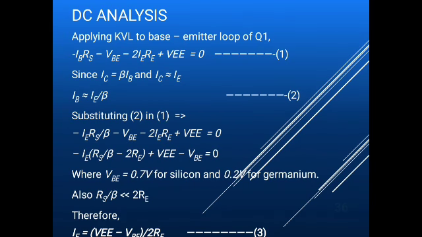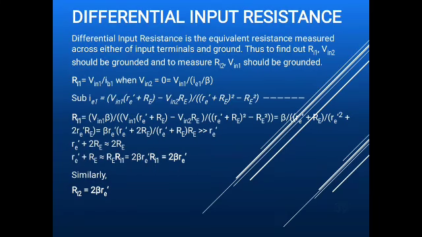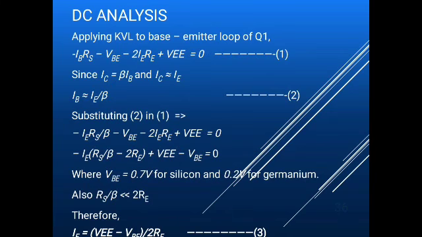So we have to find that ICQ value. For that, apply KVL to the input side, and we are getting the IB value. These are all the derivation parts. From the IB value, you will get VCE equal to VCC plus VBE minus ICRC. And similarly, your IB value will be equal to IE by beta.